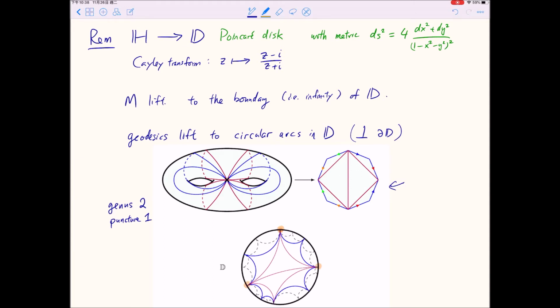Because remember, the triangulations are defined so that the arc starts and ends at marked points, and all our marked points are lying on infinity. And in particular, this means that the length of the geodesics, the length of the edges of the triangles, will all be infinite, as one can check using the hyperbolic metric.